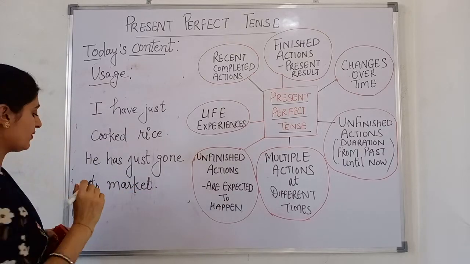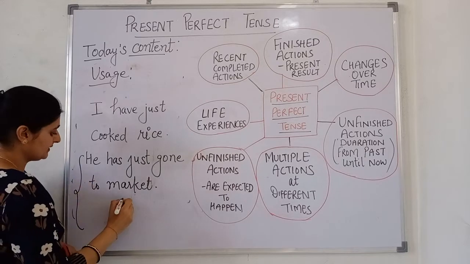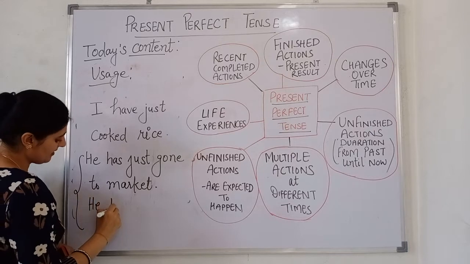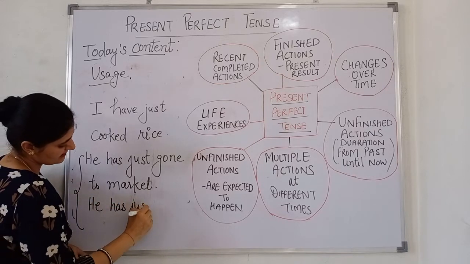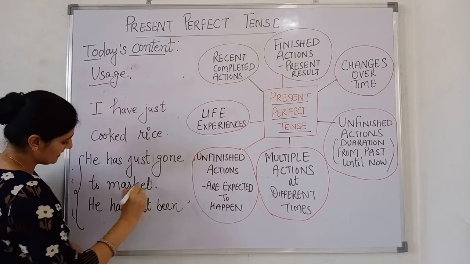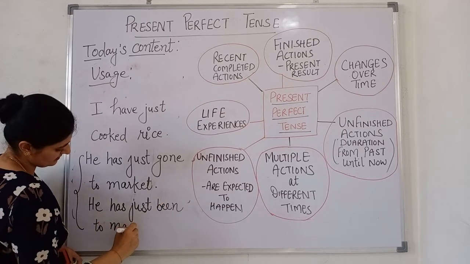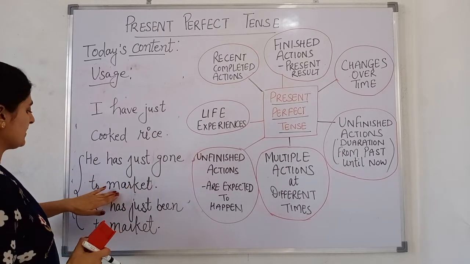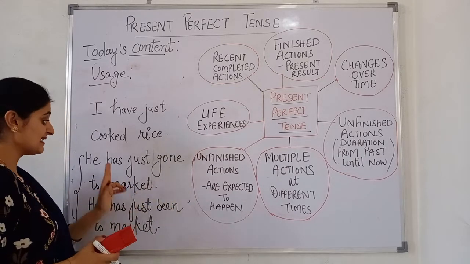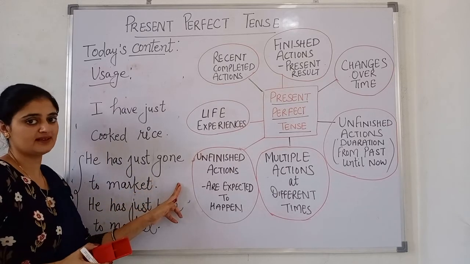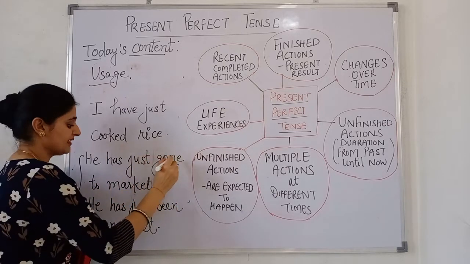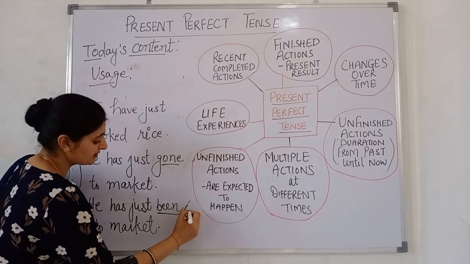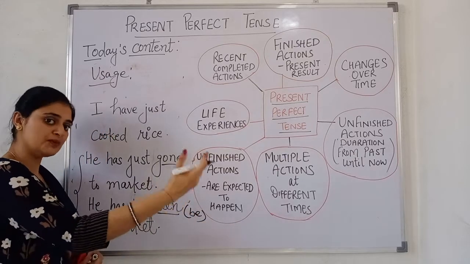Here I want to clear one point. Analyze the two sentences here. He has just been to market. He has just gone to market. It indicates that he is there in the market. When we use gone here, been, don't get confused. Been is here the third form of be. Be, was, been. Okay.